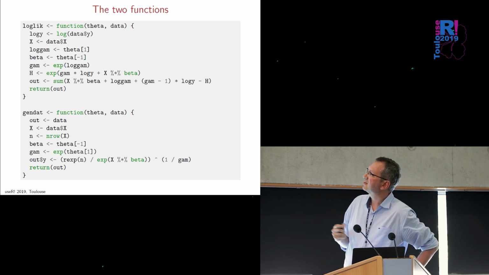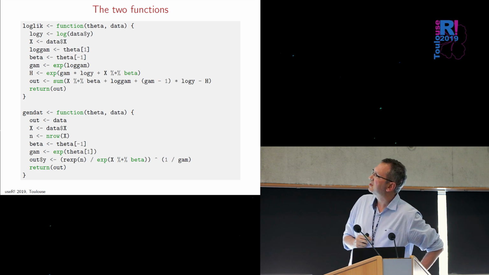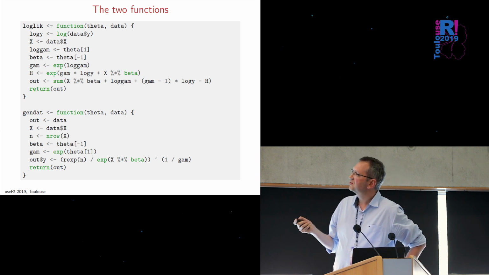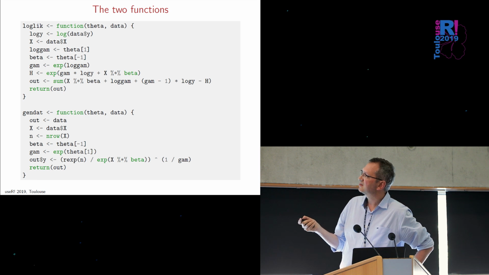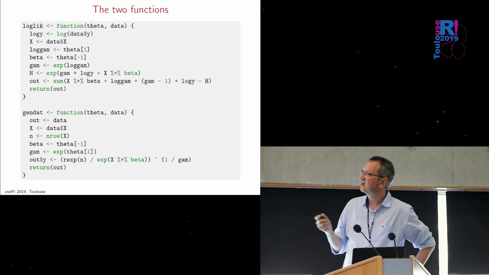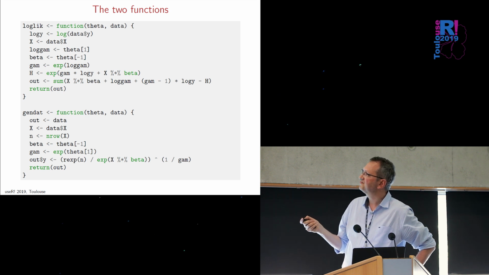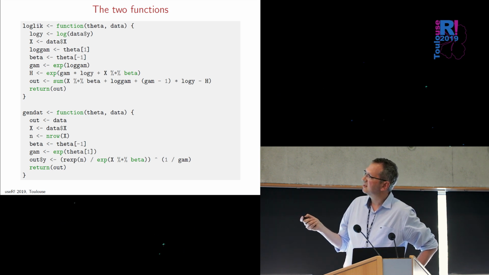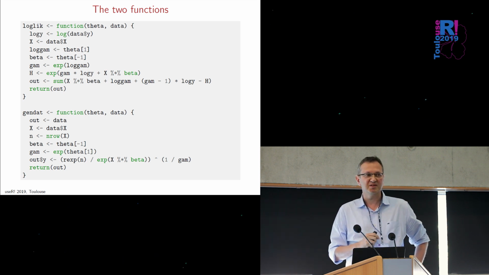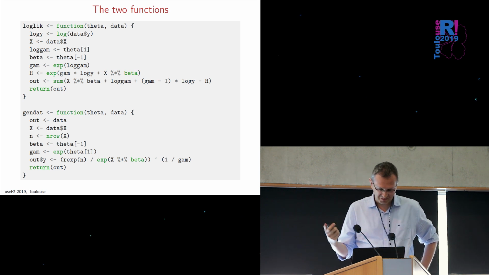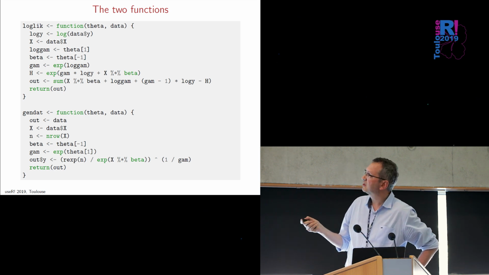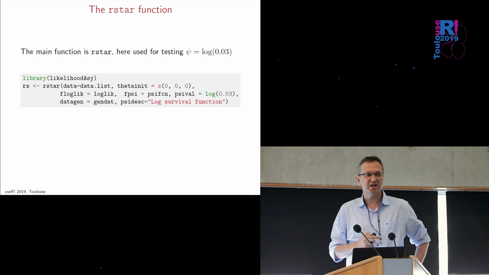The rest is just standard Weibull computation. The second function we need to specify is the function that generates a sample. It has the same arguments as the previous function. It takes the data and provides a copy of it with the response variable replaced by simulated vectors from the assumed model, where the parameter is given by the first argument.